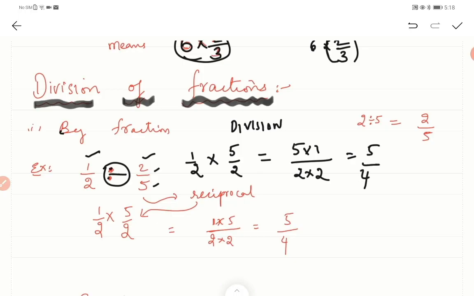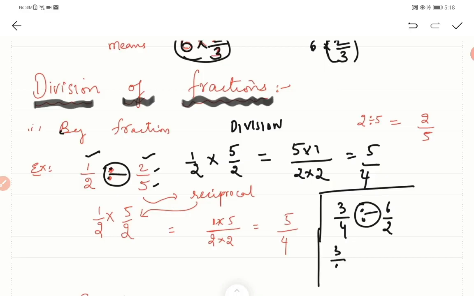Okay, I will take one more example for this. If I have 3 by 4 divided by 6 by 2, what I will do is first convert this sign into multiplication. So how I'll write this will be 3 by 4 into just the reciprocal of this.